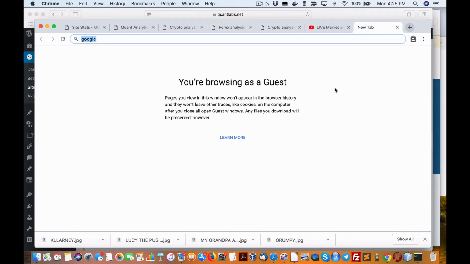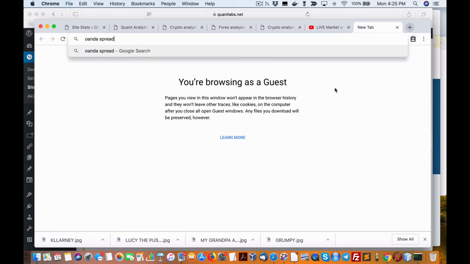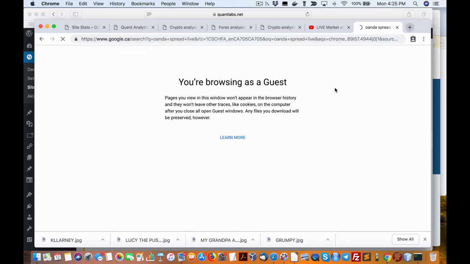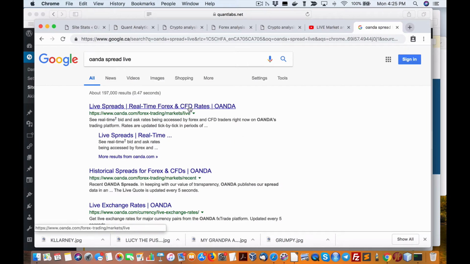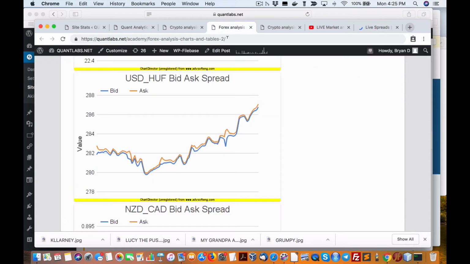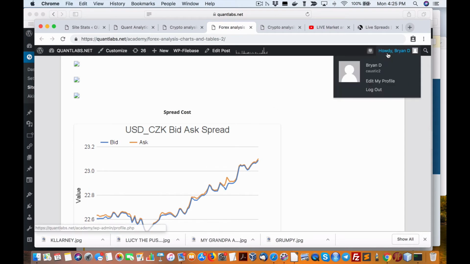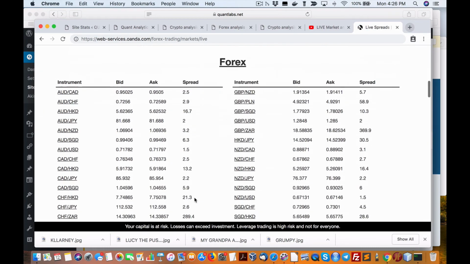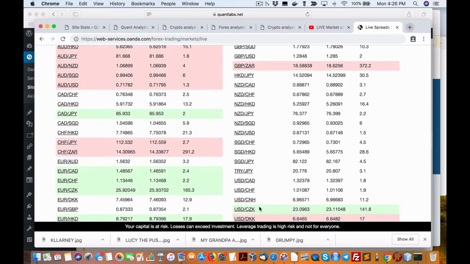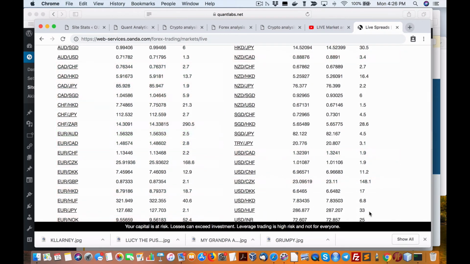So if I go over to Oanda spread live, I guess is the keyword I would look for. Let's check out the spread here for these particular pairs. USD HUF, USD Czech. Let's check it out. So the US Czech, there you go. That's pretty high. USD HUF, not so bad, this one.